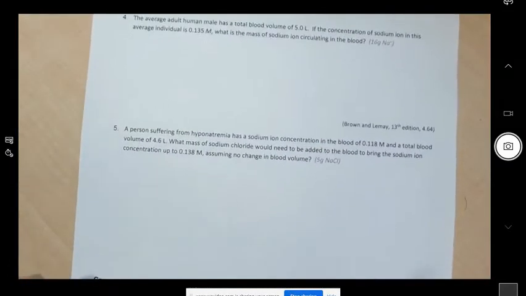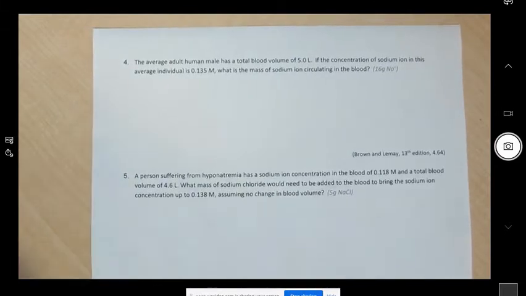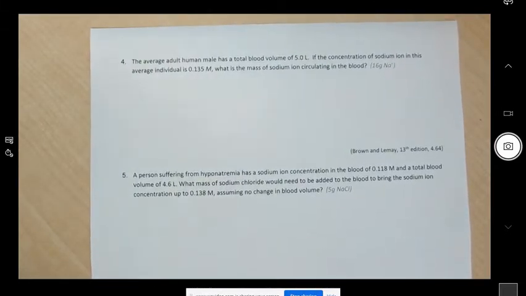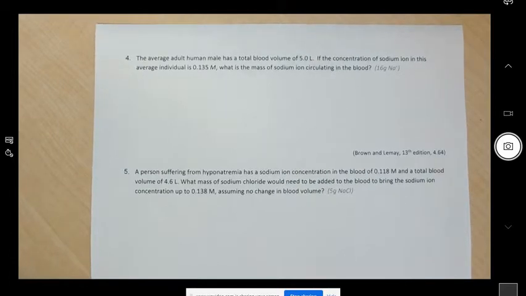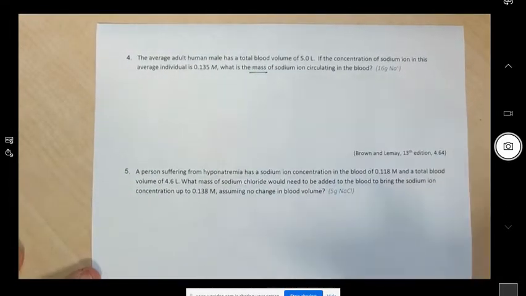All right, the average adult human male has a total blood volume of 5 liters. The concentration of sodium ion in this average individual is about 0.135 molar. What is the mass of sodium ion circulating in the blood? So we're looking for mass, which means we're looking for grams. Again, dimensional analysis.